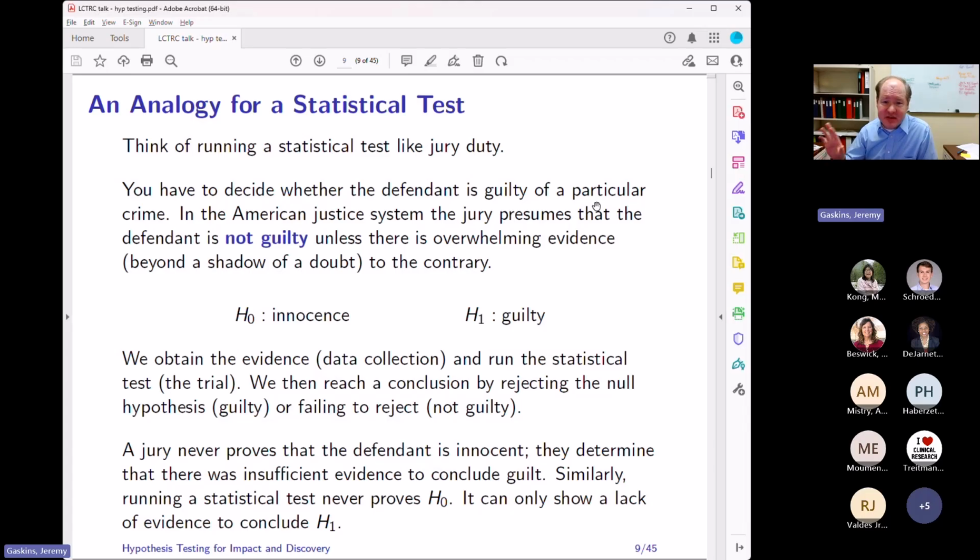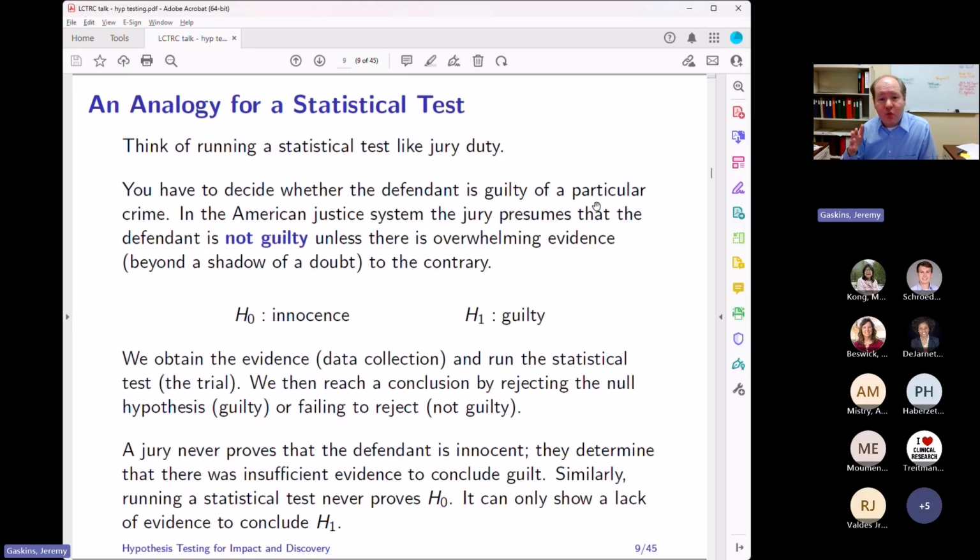So, I think the most helpful analogy for thinking about a statistical test is jury duty. For those of us that have done jury duty, right, it's not always a lot of fun, which I think for many people also feels like a statistical test, right? May not be much fun. But again, I think it's a good analogy here.